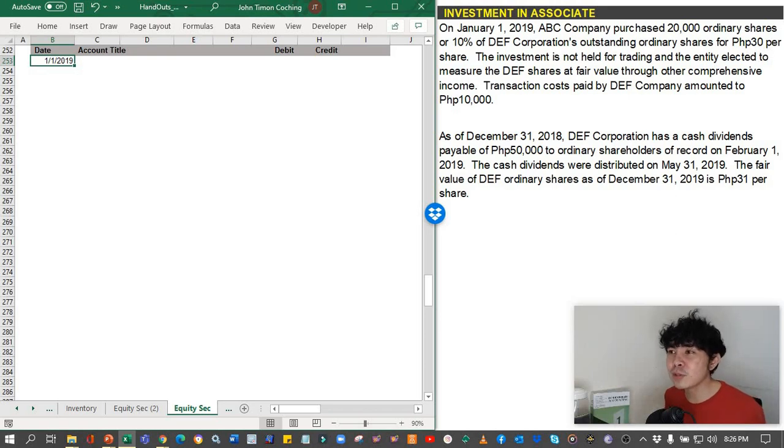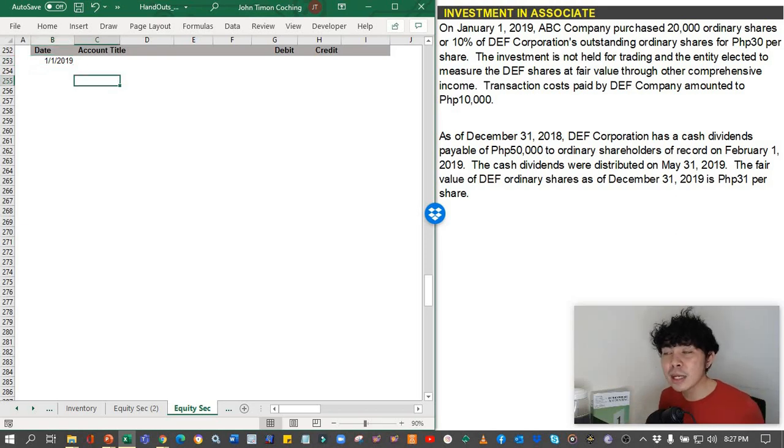At magkano yung dividendo na yon? Ang sabi niya rito, ang total cash dividends payable ni DEF Corporation as of December 31, 2018 is 50,000 pesos. So kung 50,000 pesos at ang binili nating shares is 10%, so 10% ng 50,000, yun yung dividends na kasamang ibabayad doon sa lumang shareholder.